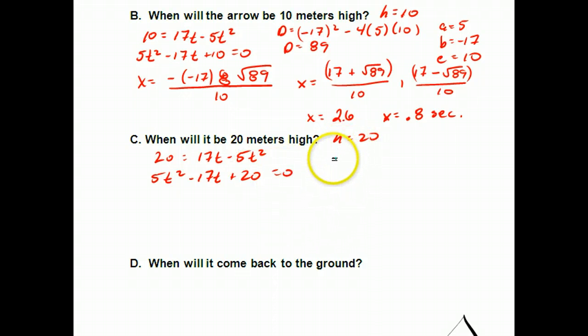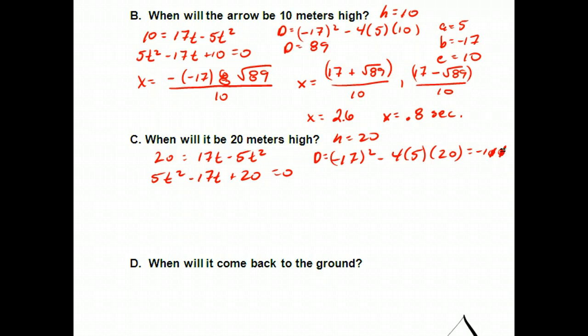Now let's take a look at the discriminant. b squared minus 4ac is going to give me minus 17 squared minus 4 times 5 times 20 this time. When we work that out, 17 squared minus 4 times 5 times 20 equals negative 111. So my discriminant is equal to negative 111.